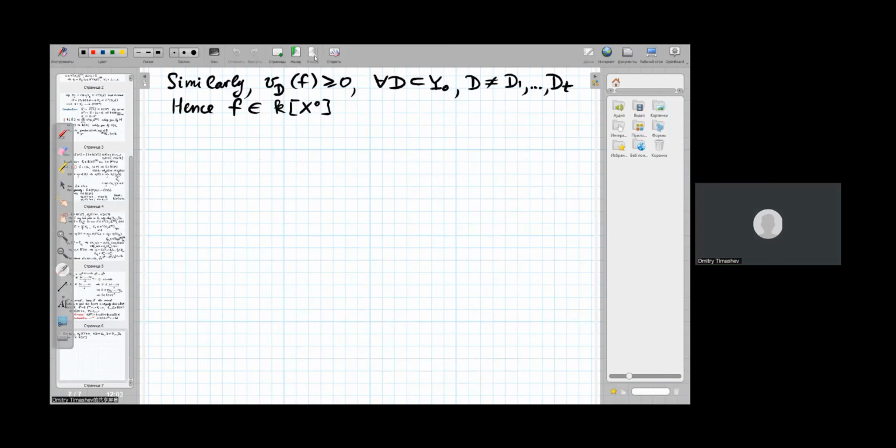Let me draw a picture, so maybe it would be clear. So we have this G orbit Y lower node. We have an open B orbit in here.